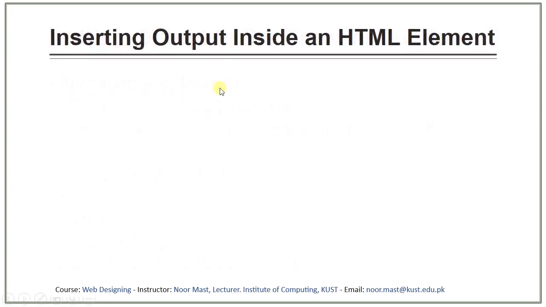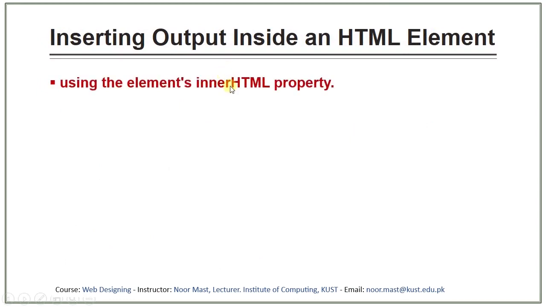Inserting output inside an HTML element. You can also write or insert output inside an HTML element using the element's innerHTML property. However, before writing the output, first we need to select the element using a method such as getElementById. So look at the following example.